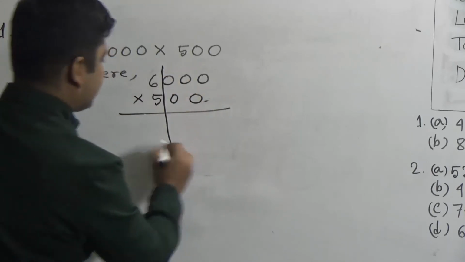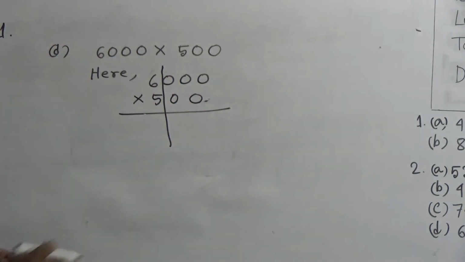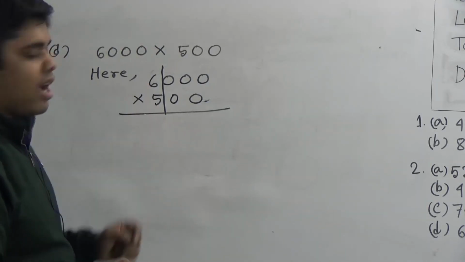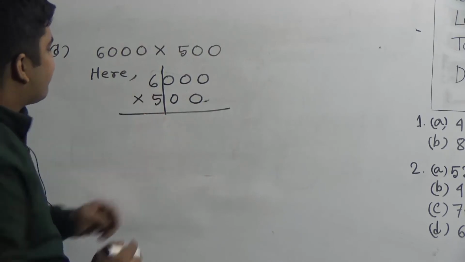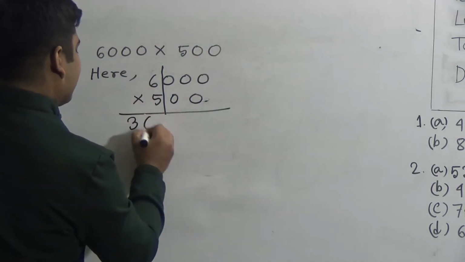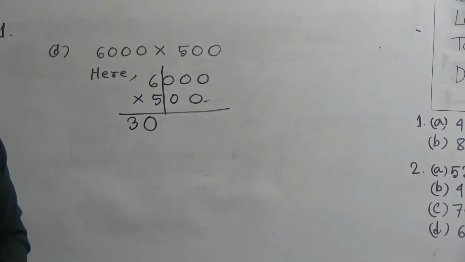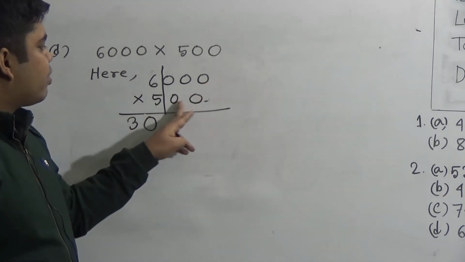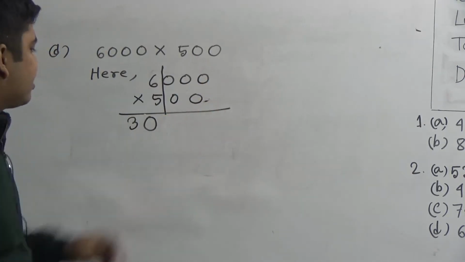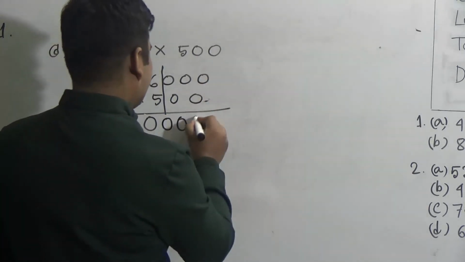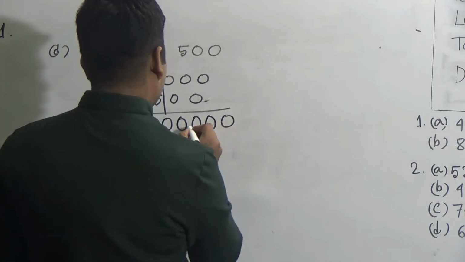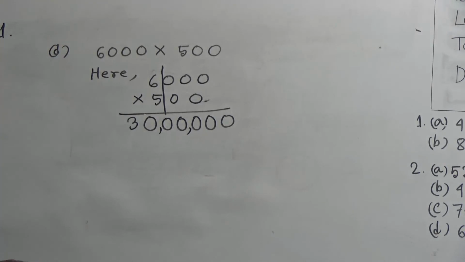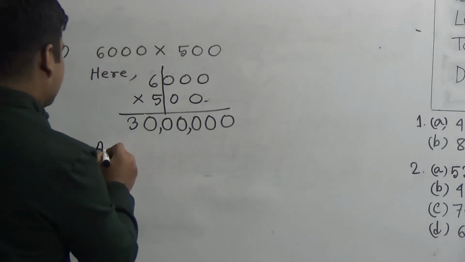Now I separate this one from this one. Okay. So notice, first of all we multiply this 6 with 5. Then if we multiply 6 with 5, then we get 5 6s are 30. Now I count how many zeros are there. Okay. 1, 2, 3, 4, 5. These 5 zeros are written here. So what will be the answer? Answer is 30 lakh. So this is the answer.